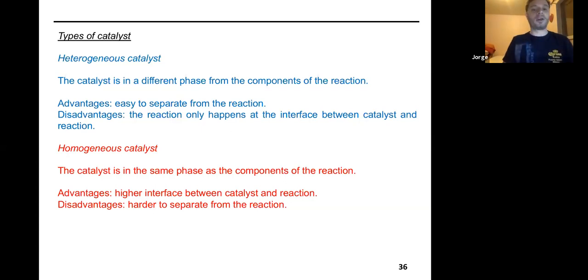On the other hand, a homogeneous catalyst is when the catalyst is in the same phase as the components of the reaction. The advantage is that there is a higher interface between catalyst and reaction, but the disadvantage is that it's a little harder to separate the catalyst from the reaction at the end.